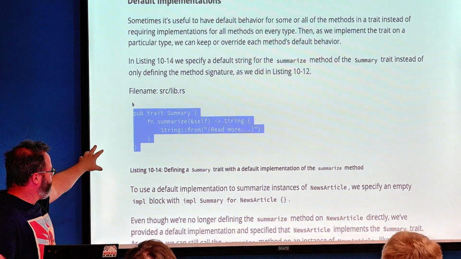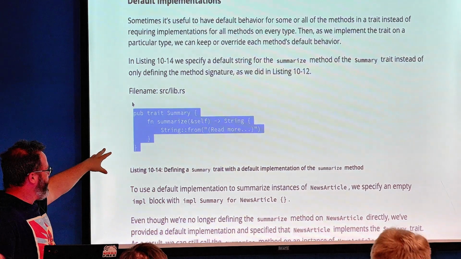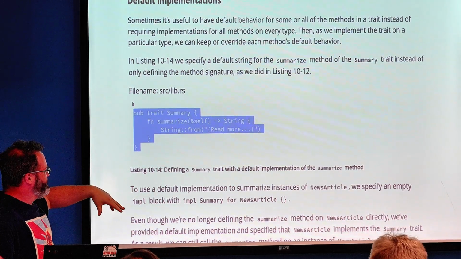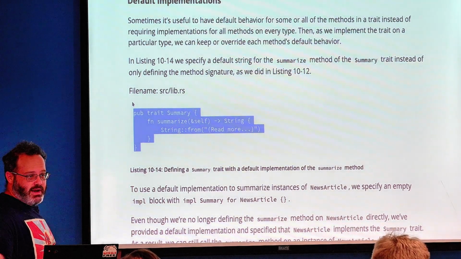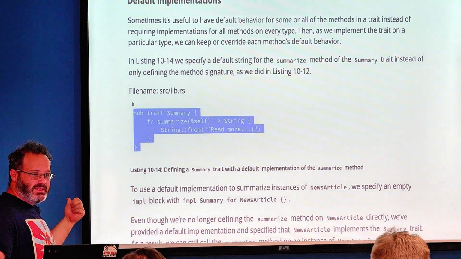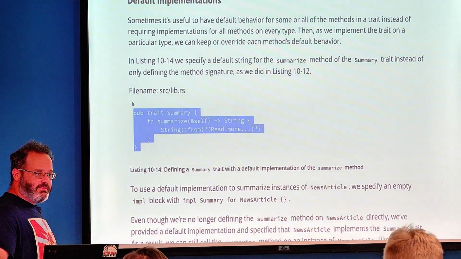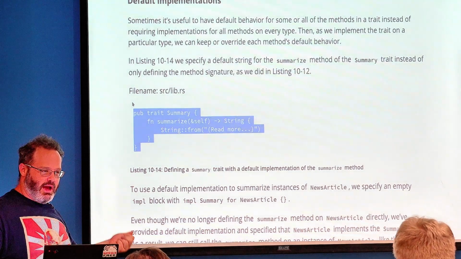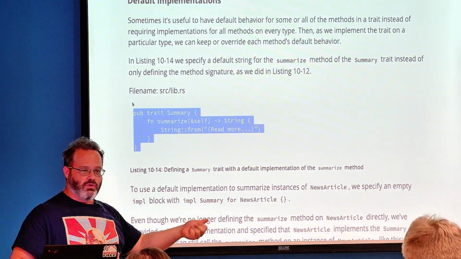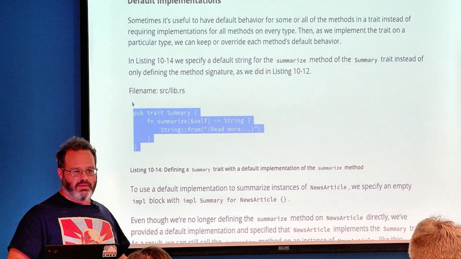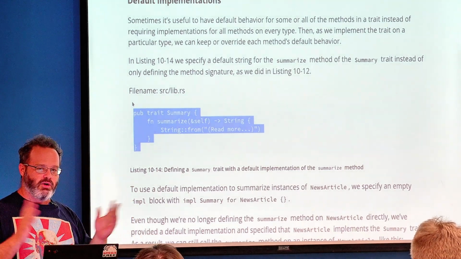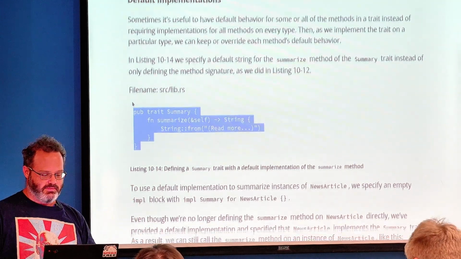So with this default implementation, anytime I implement the trait on something, if I choose not to provide an implementation of summarize, that's the implementation we get. Now I can just say impl Summary for type, and that's what I'll have. You can implement it on all of the types, and you'll have that kind of thing.